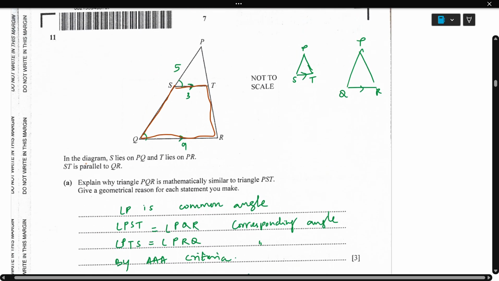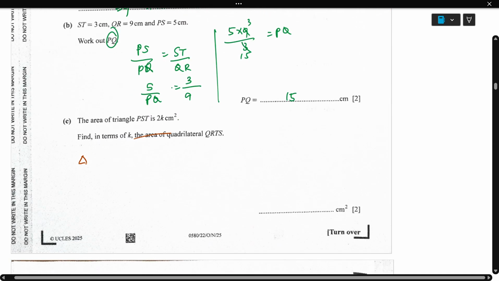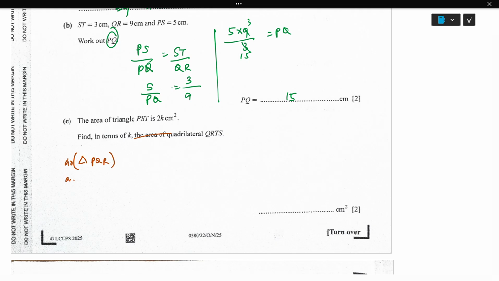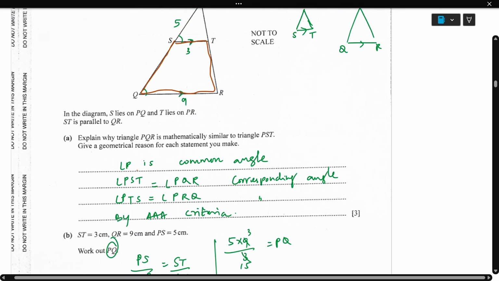The bigger triangle is going to be PQR. So area of triangle PQR over area of the small triangle PST equals the scale factor, this one 3 increased to 9, which is times 3.